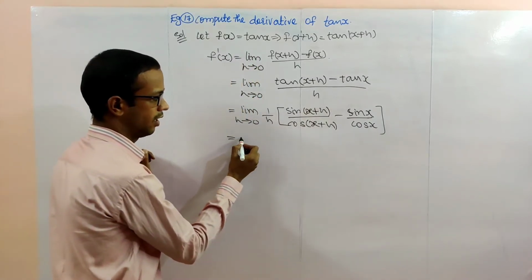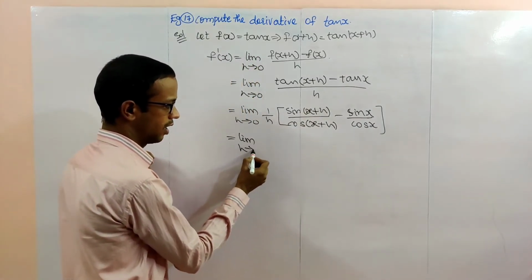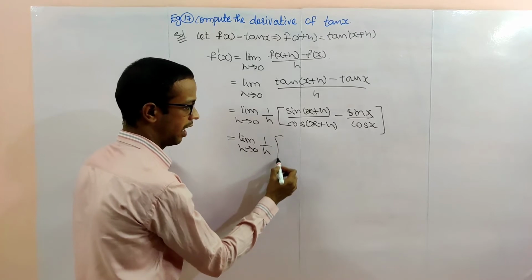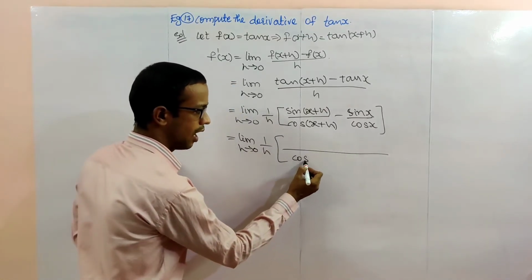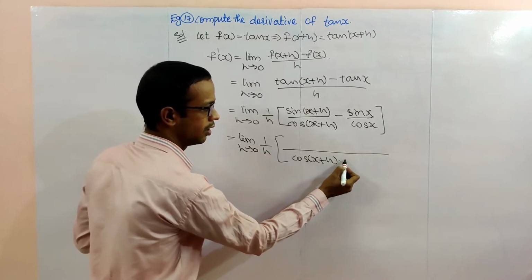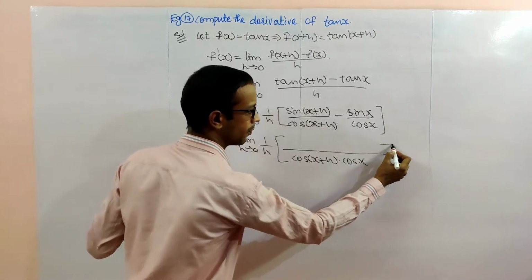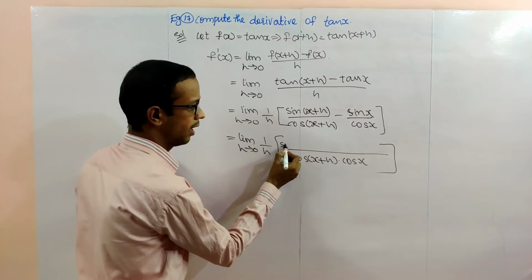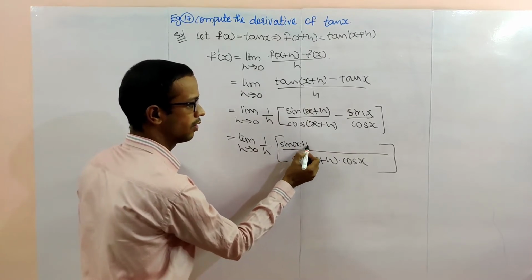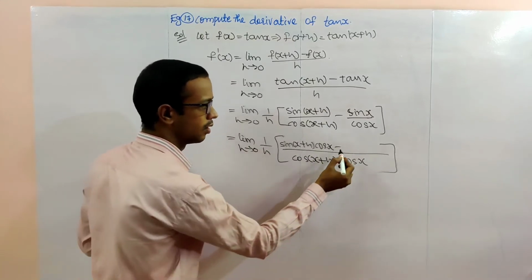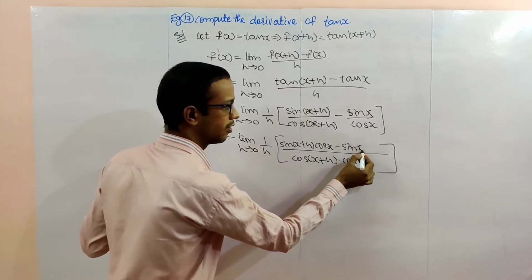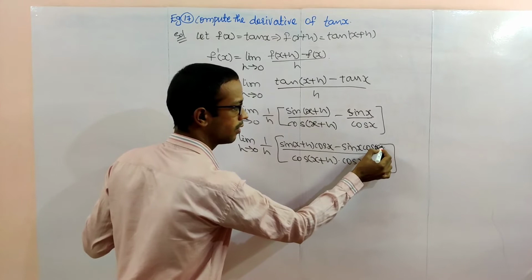If you take the LCM here, limit h tends to 0, 1 by h, the LCM is cos of x plus h into cos x. Cross multiply: sin of x plus h into cos x minus sin x into cos of x plus h.